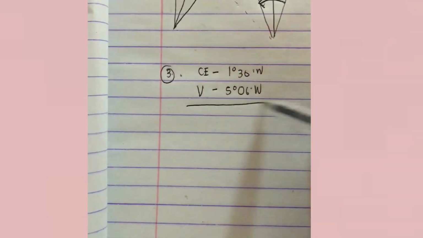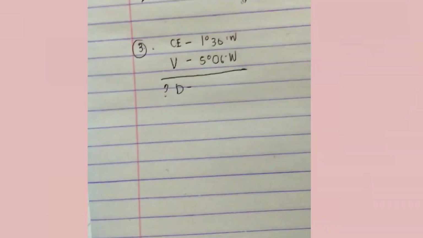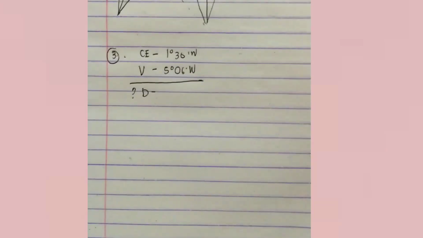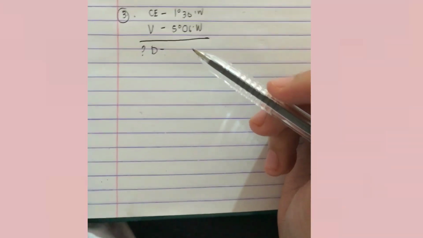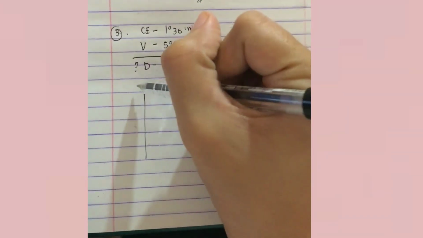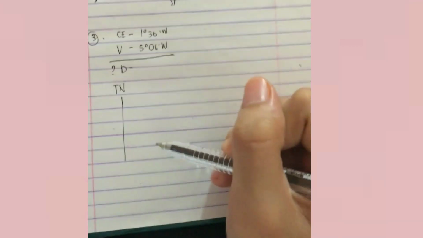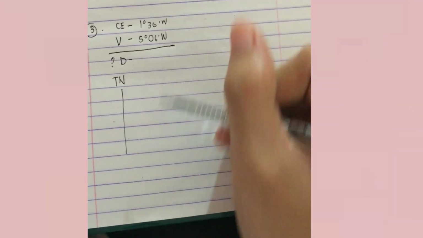What is our deviation? Same as the second example, we should first illustrate the problem. So this is our true north. Then true north to compass north is the compass error.